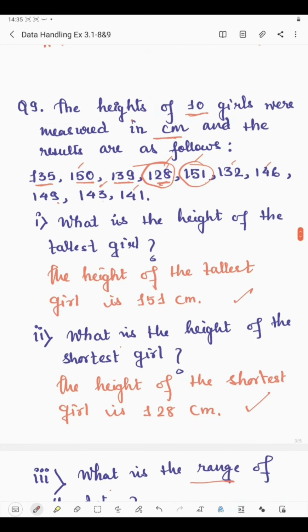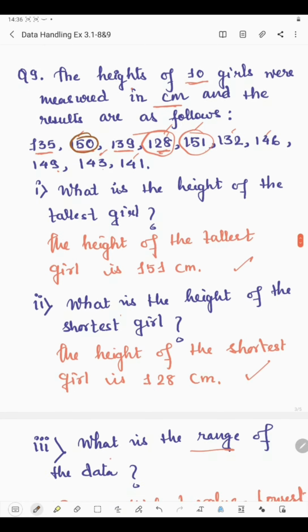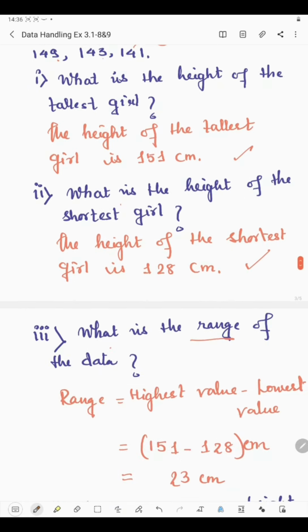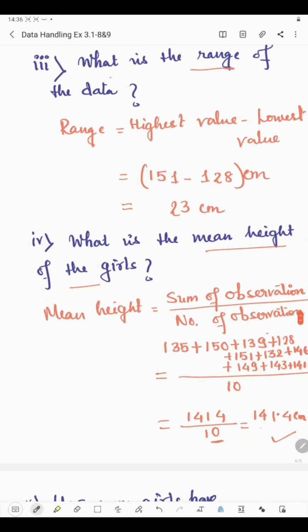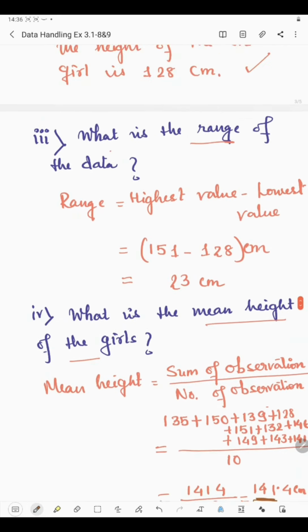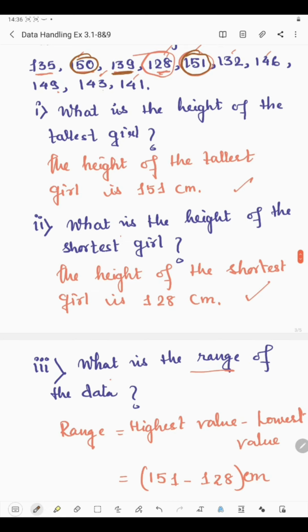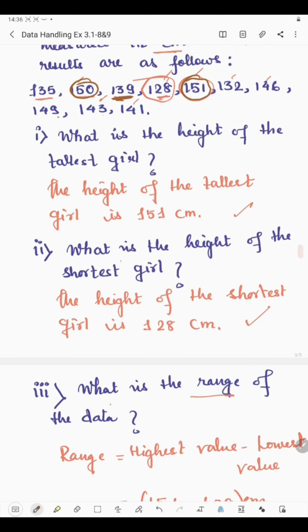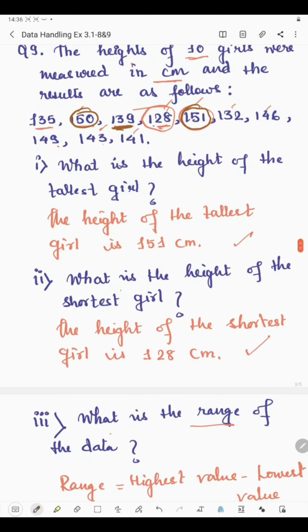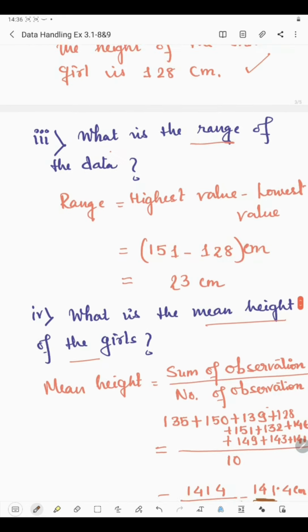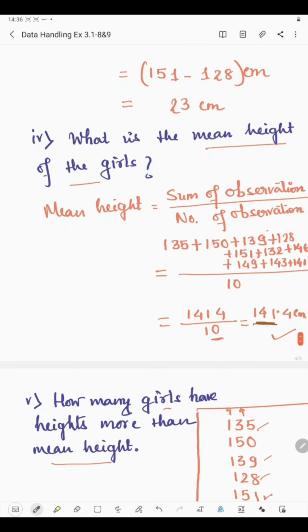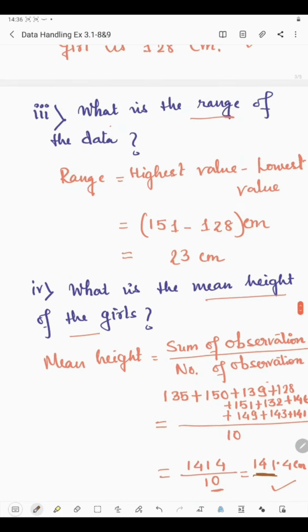So it's this one, so it's 1. Then this one cannot be taken because it is 139, which is less than 141. Similarly, we cannot take 139 and 128 because they are less than 141.4, right?